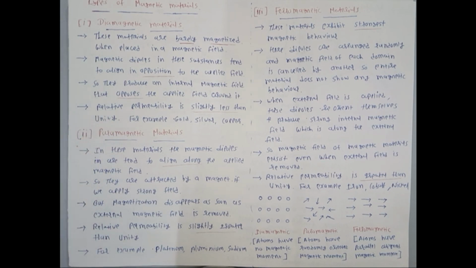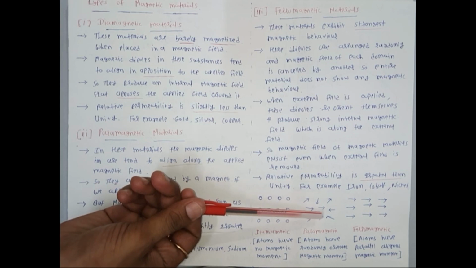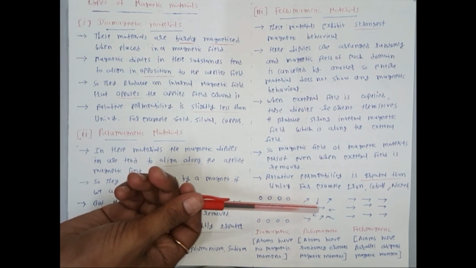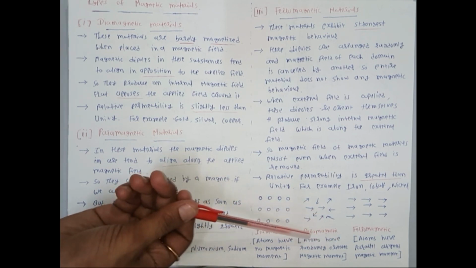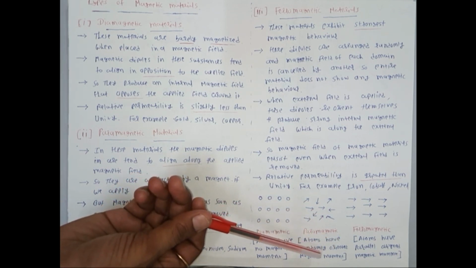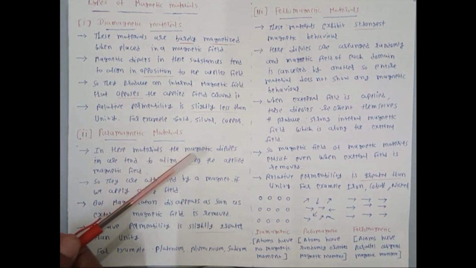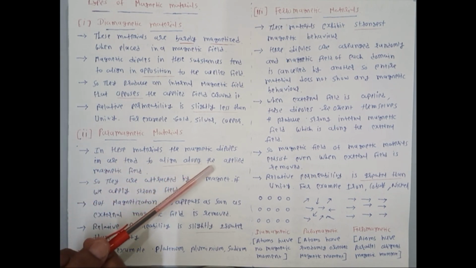Now second is paramagnetic material. In paramagnetic material, see in the figure, these are paramagnetic materials. Here magnetic dipoles are arranged randomly. Atoms are randomly oriented. In these materials, the magnetic dipoles are aligned along the applied magnetic field.